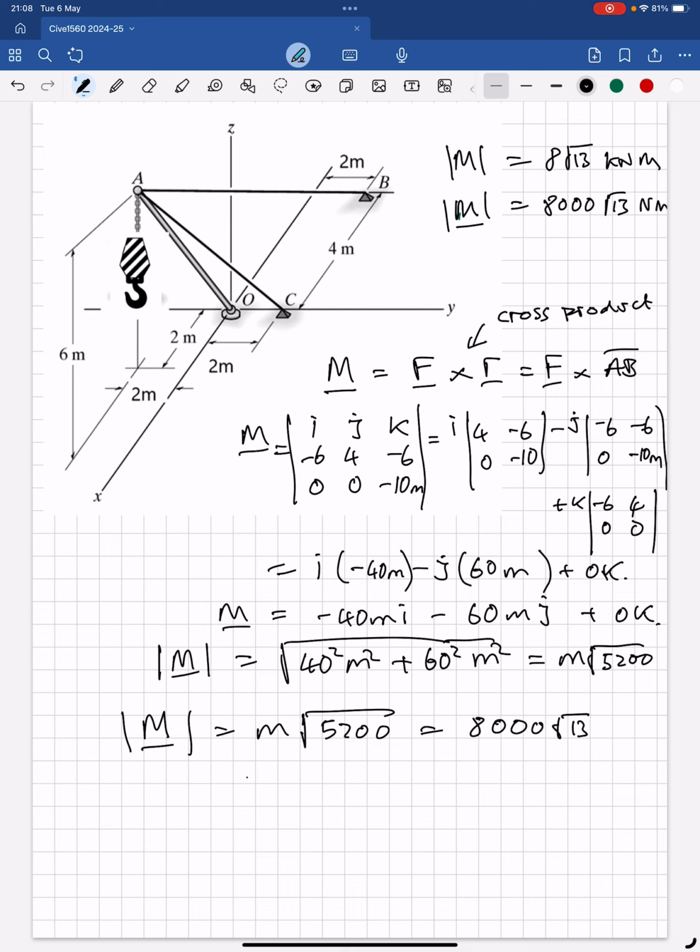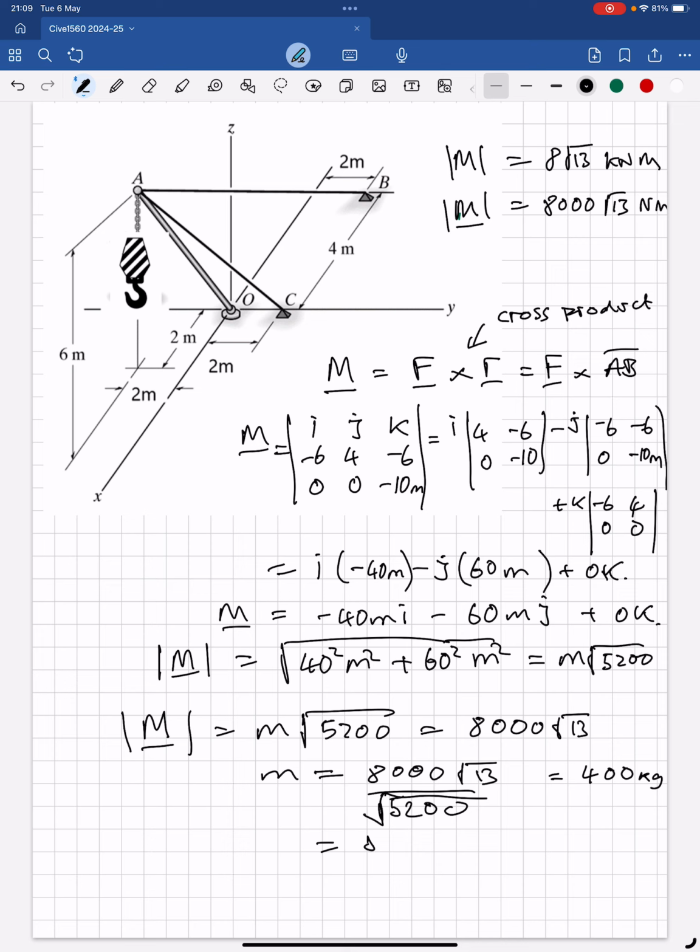Our unknown here, the mass of the hook, is then equal to 8,000 root 13 over root 5,200. You can put that in your calculator and that all comes out to 400 kilograms. Or you can do it by looking at your surds.